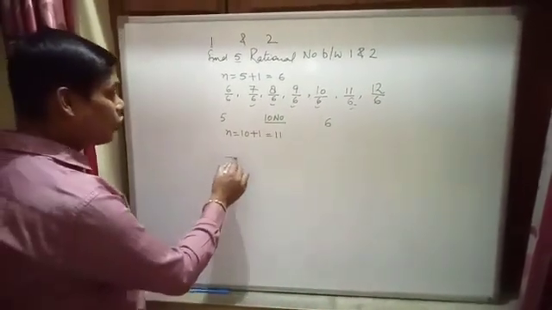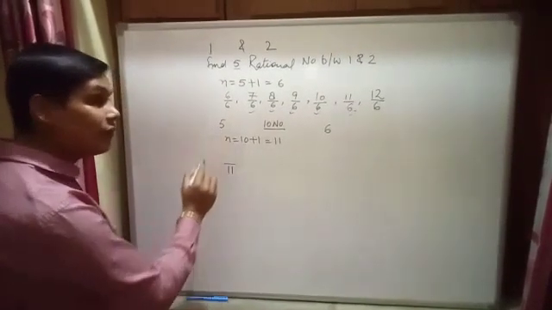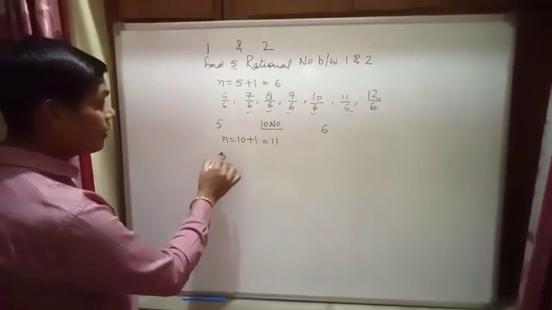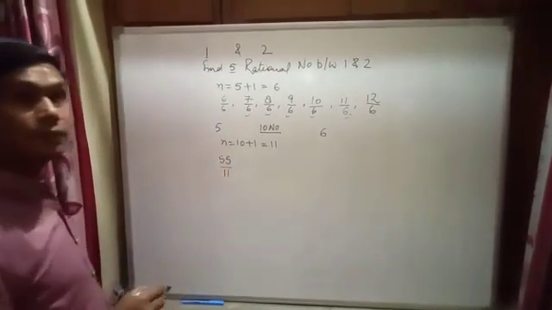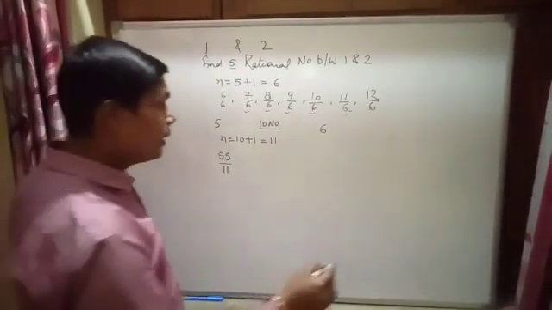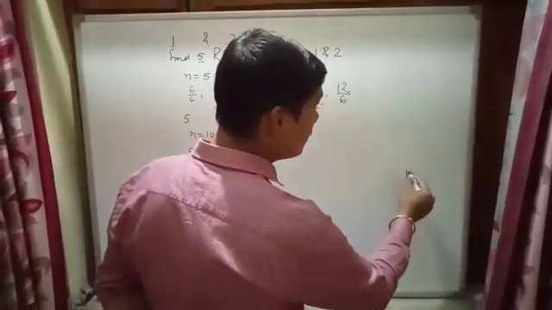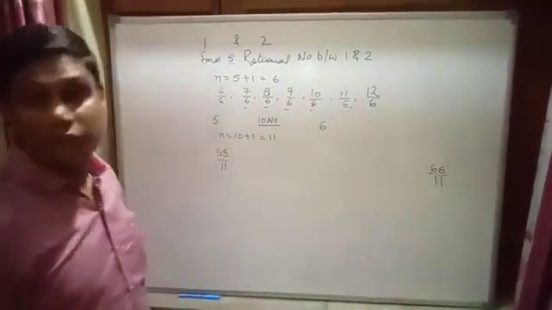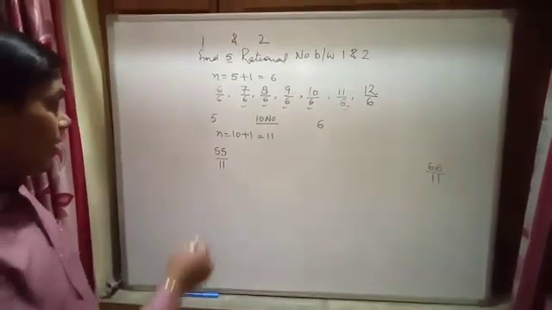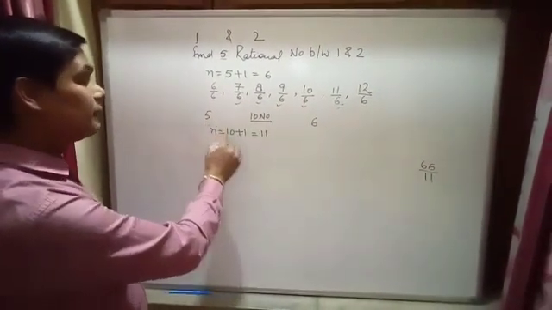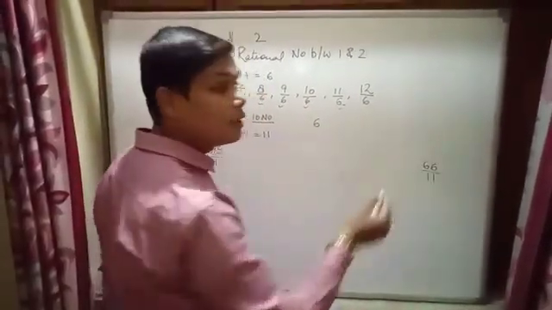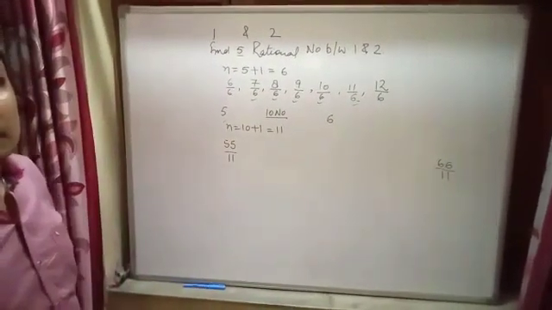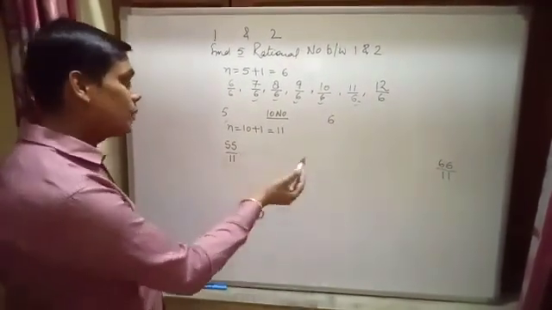If 11 is the denominator, how will you get 5? By 55. And to get 6, 11 fives are 55, 11 sixes are 66.